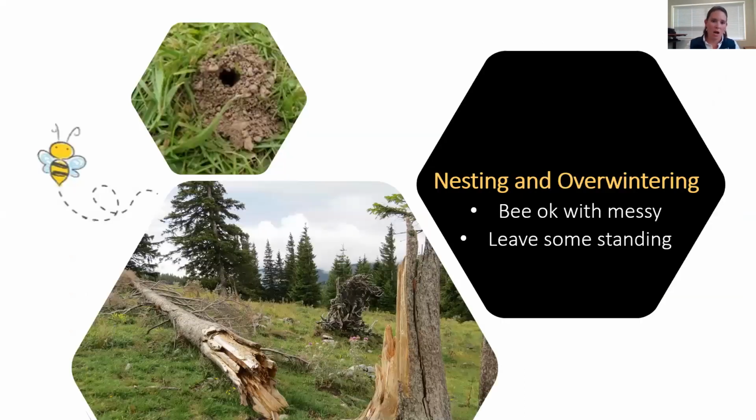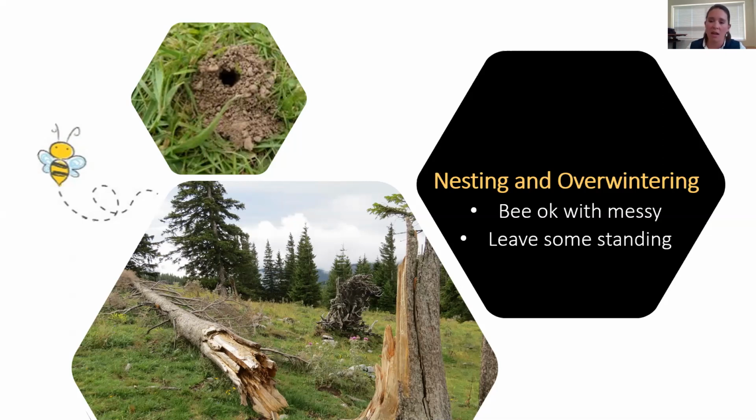So apart from just the flowers, we're also going to need to provide nesting and overwintering habitat for our pollinators. We talked about all the different nesting strategies that pollinators have, and we want to make sure to provide this as well, because if all you do is provide flowers, you provide that forage, many of our pollinators won't make it through the winter, or they won't be successful at going through their whole life cycle to reproduce and become an adult.